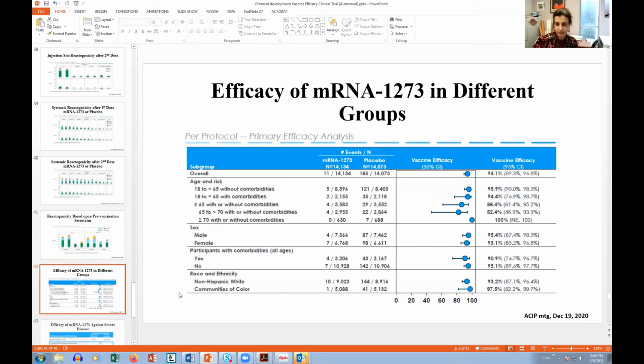So what did the vaccine do? The vaccine overall was very efficacious. Oh, one thing actually, we needed 151 cases, like we saw in the analysis.